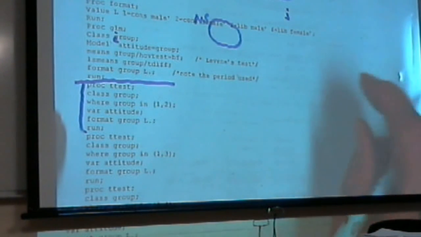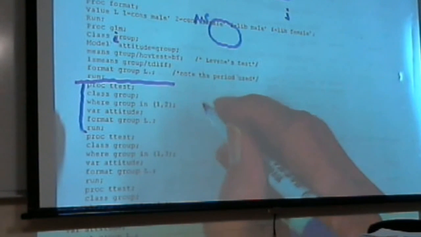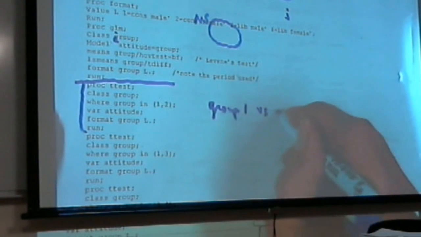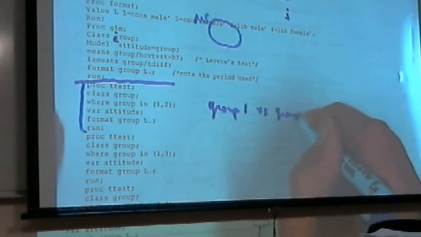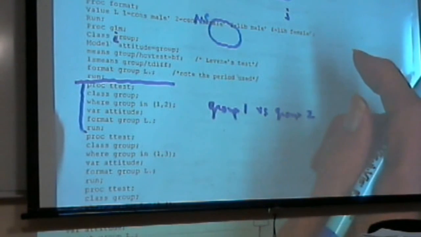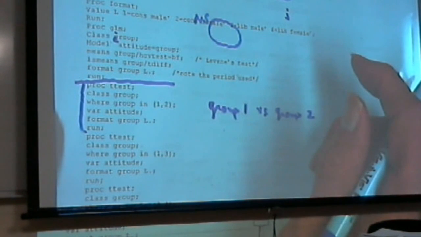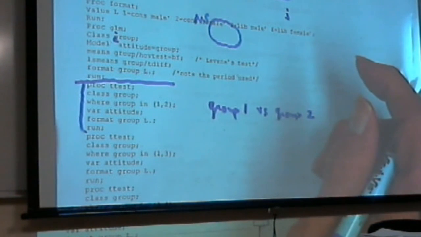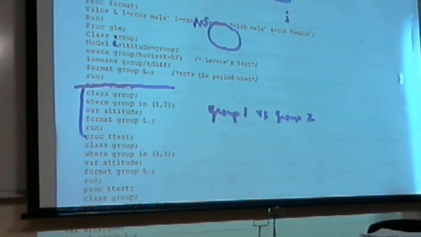Now what I'm trying to do here is to compare group 1 versus group 2. And that's all I want. I don't want all of those comparisons. I just want that one. So here's some syntax that presumably will do that for me. So let's see what came out when I did this.